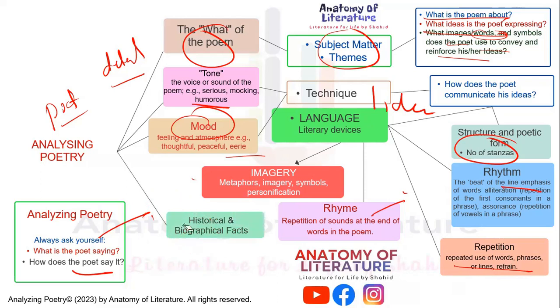Historical and biographical facts are very important to know about the poet, because they help us identify how these external factors inform the poem's themes, and a biography may shed light on the poet's intentions and views. He might have been inspired by some kind of event.